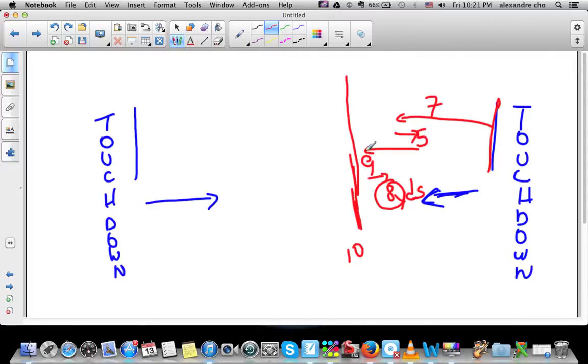Then they gained 4, which made them come to 9. From 9, they had to gain 1 more, but instead they went backwards 1. So they stopped at the 8. Did they gain the 10 necessary to keep the ball? No, they did not. Okay, so this was a homework video for pages 82 and 83, number 1 through 15.